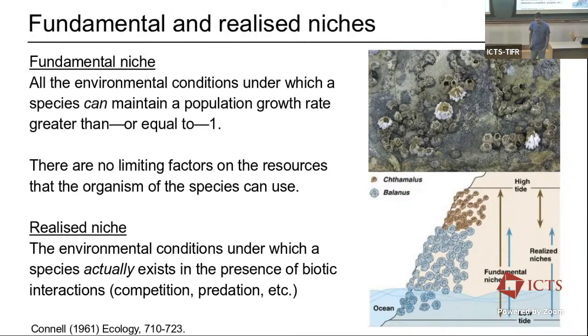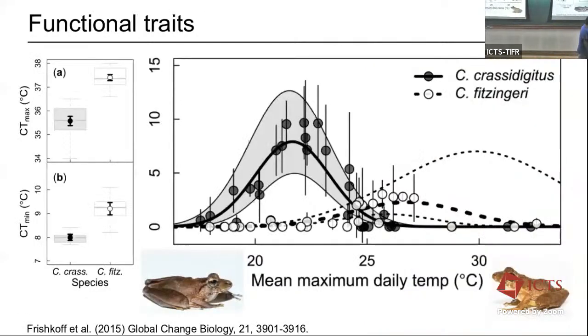So if I need certain conditions and there's another species that creates those conditions, then I can actually benefit from the existence of that species. So the fundamental and the realized niches are very, very crucial concepts in ecology, in community ecology.